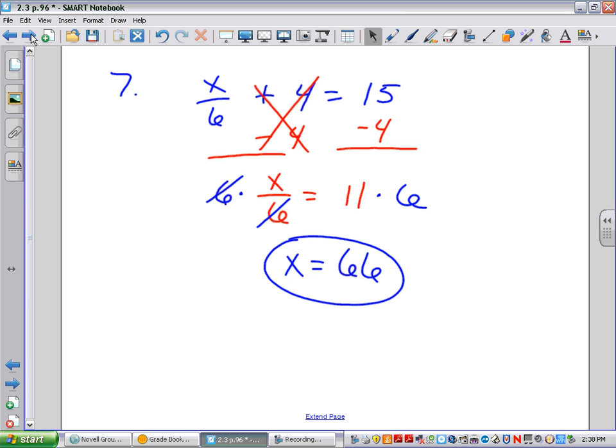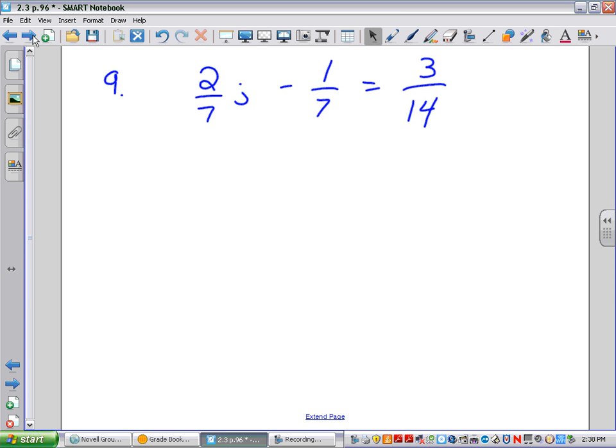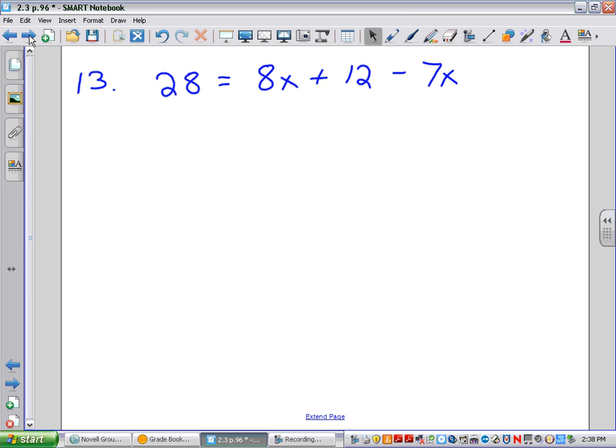Looks like we're jumping to number 13. I'll skip ahead here for you. 28 equals 8x plus 12 minus 7x. You remember from pre-algebra, collect like terms, also called combine like terms. And you see over here, I'll underline them. 8x and 7x are like terms. So I can subtract them. 8 minus 7 is 1.